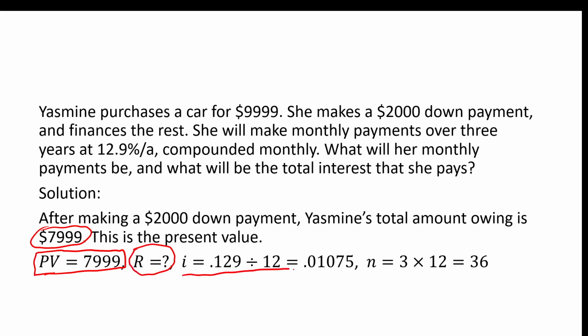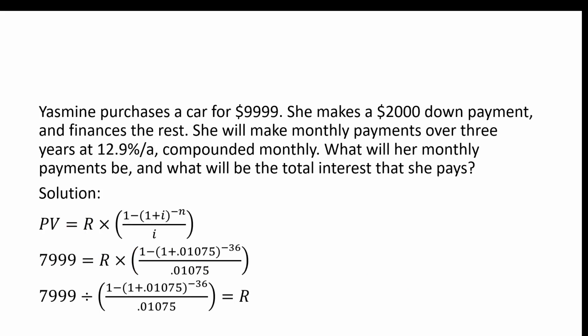Okay. We don't know what her regular payment after that will be. We know the I value will be 0.01075 because it's monthly payments, so we're dividing by 12. We're doing this for 3 years, so N will be 3 times 12, which is 36. And so we can say that our 7,999 present value will equal R times this number here.